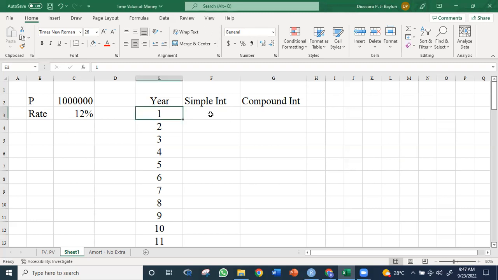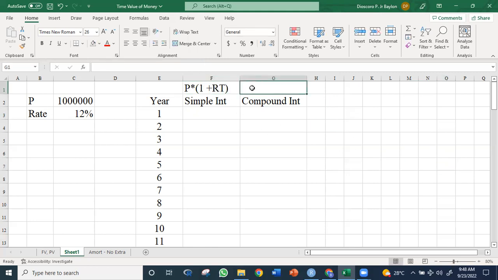All right, so let's now compute for the simple interest and the compound interest. We'll create one formula here, and then copy it down. For the simple interest, what's our formula? Remember, the maturity value is equal to P times 1 plus RT.